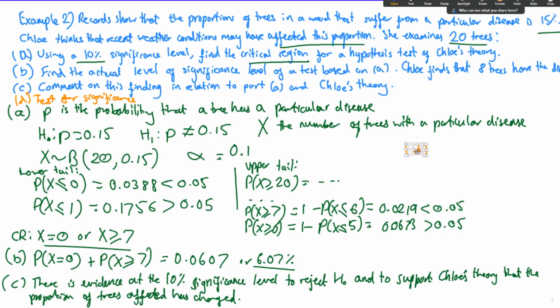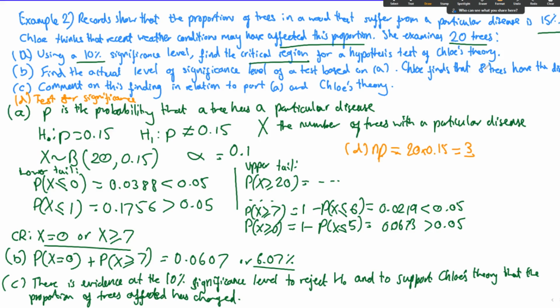Now, you might be wondering which way to go. What you need to do is get the expected value, which is 20 times 0.15. So 20 times 0.15 is 3.